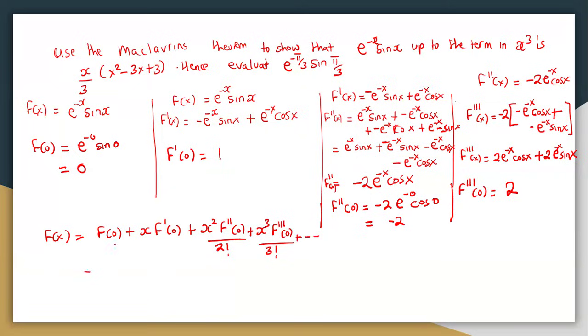So you substitute in. Your f of 0 is 0, I don't need it. So I'll have my x, the first one. Then the next one is going to be x squared, then our f prime was negative 2. So I say minus 2x squared out of 2 factorial. Then the next one is going to be 2, so it's going to be 2x cubed out of 3 factorial, then plus.